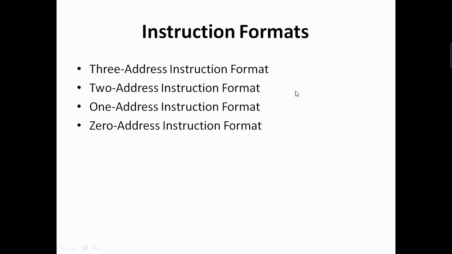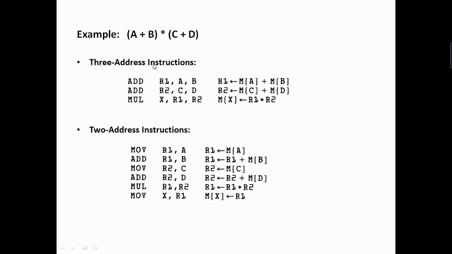So we can take up an example here to see how these formats will be there. Let us say the computer has to perform this arithmetic operation: a plus b and c plus d, and the answers have to be multiplied.